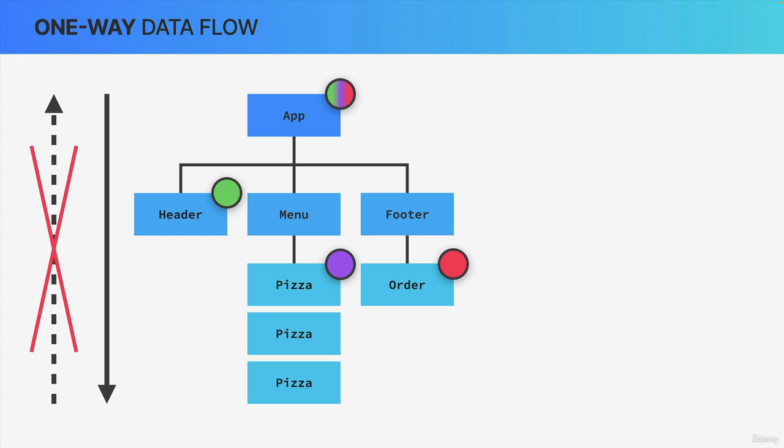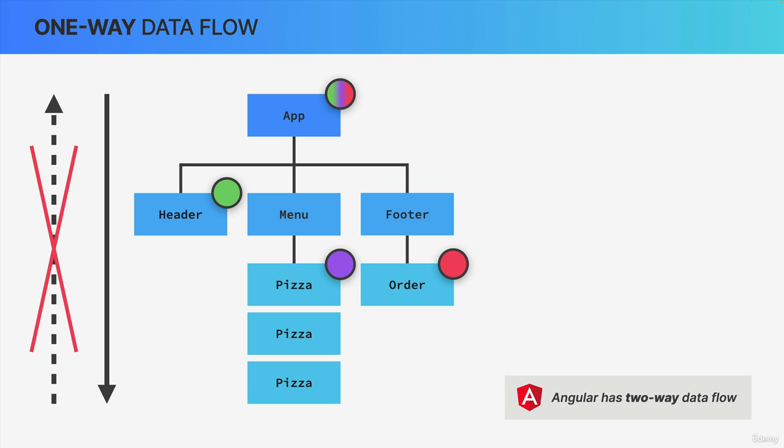Now, this may sound obvious to you, but other frameworks, such as Angular, actually employ a two-way data flow. So, if you know one of those frameworks already, this might be quite a change for you. But there is actually a reason, or multiple reasons, why React uses a one-way data flow like this.